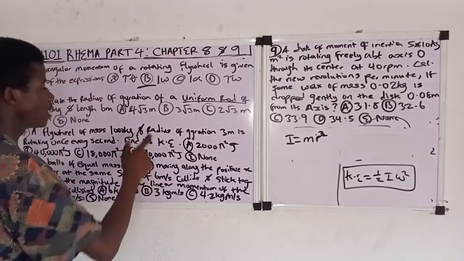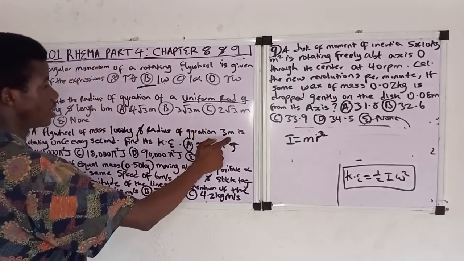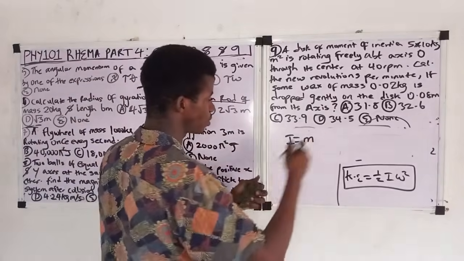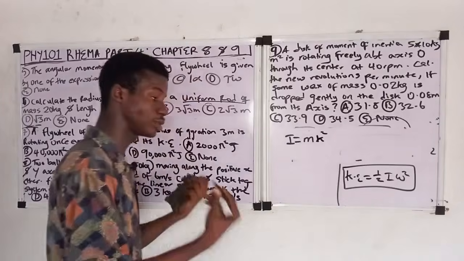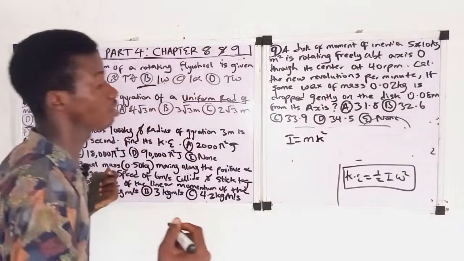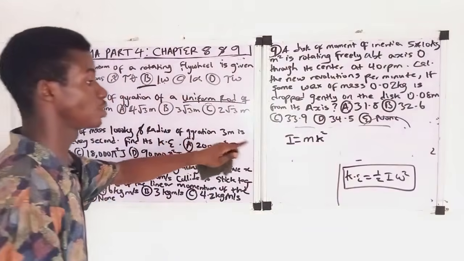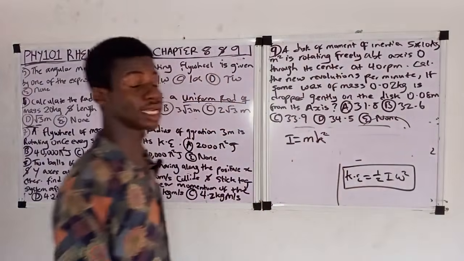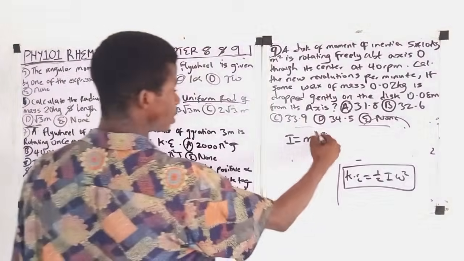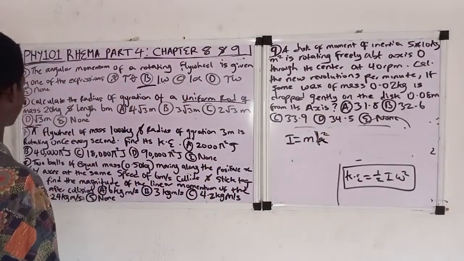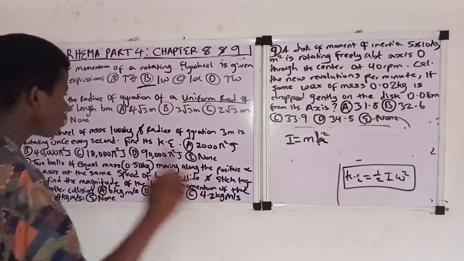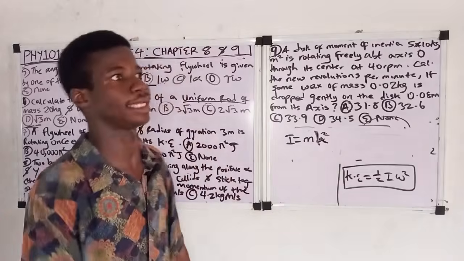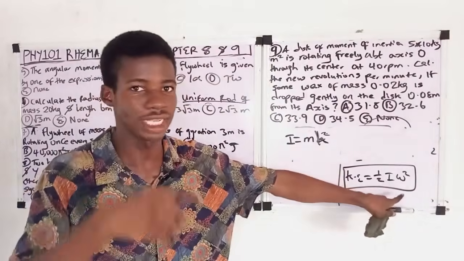Now, since the radius of gyration is 3 meters, this radius squared will be K squared, right? This K is known as the radius of gyration, right? Yes. So if you look at the question, did they give us the moment of inertia directly? No, they gave it to us indirectly.